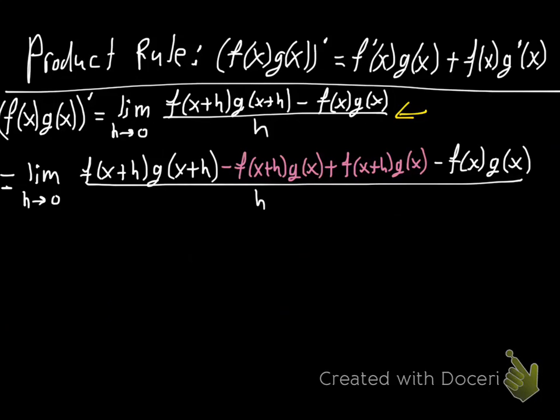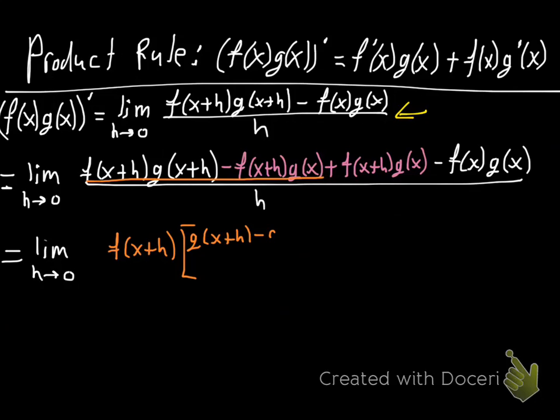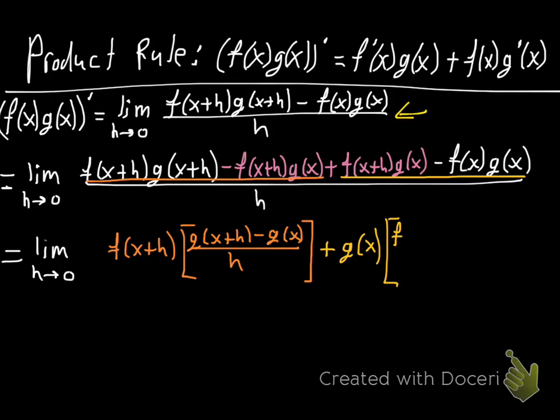We've got 4 terms, so we're going to group the first 2 and group the last 2. The first 2 have an f of x plus h in common, so left over is g of x plus h minus g of x all over h. The second 2 have a g of x in common, so we'll factor that out. We have an f of x plus h minus f of x all over h.